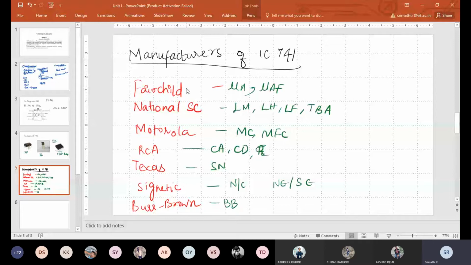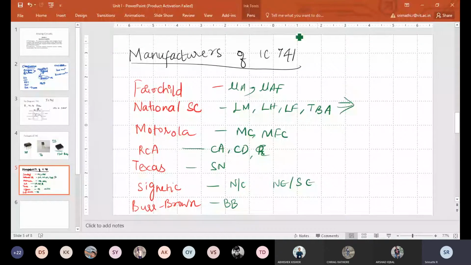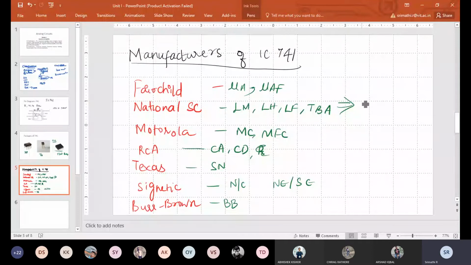National Semiconductor: LM, LH, LF, TBA. Motorola: MC, MFC. RCA: CA, CD. Texas: SN. Signetics: NBASI or NESC. Burr Brown is BB. For example, the National Semiconductor 741 is represented as LM741.